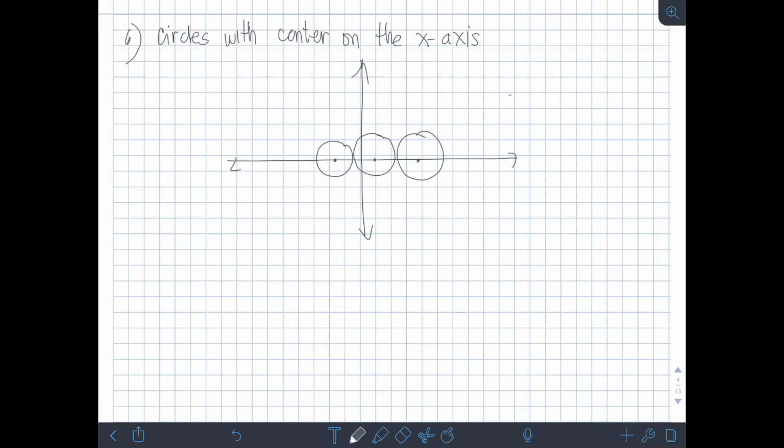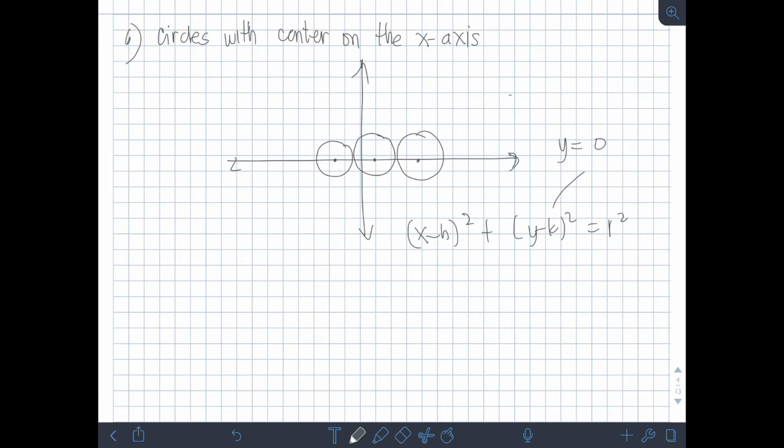So therefore, using the center radius form, we have x minus h squared plus y minus k squared is equal to r squared. Kung yung center natin ay laging nandito sa x-axis, therefore, yung coordinate natin lagi para doon sa k natin ay laging 0. Kasi yung equation nung x-axis is y is equal to 0, right?